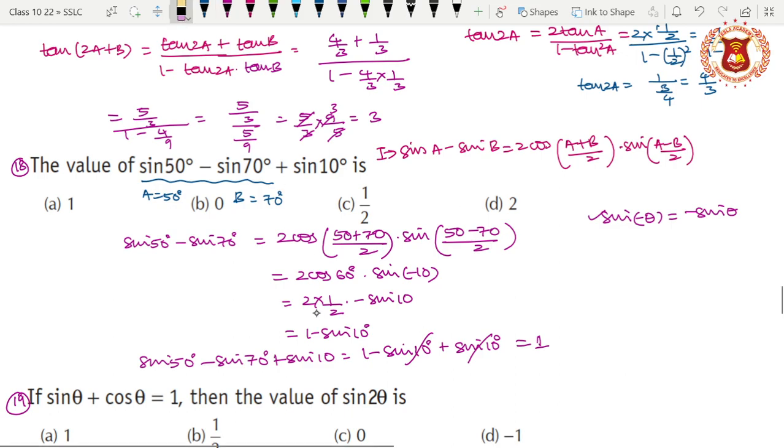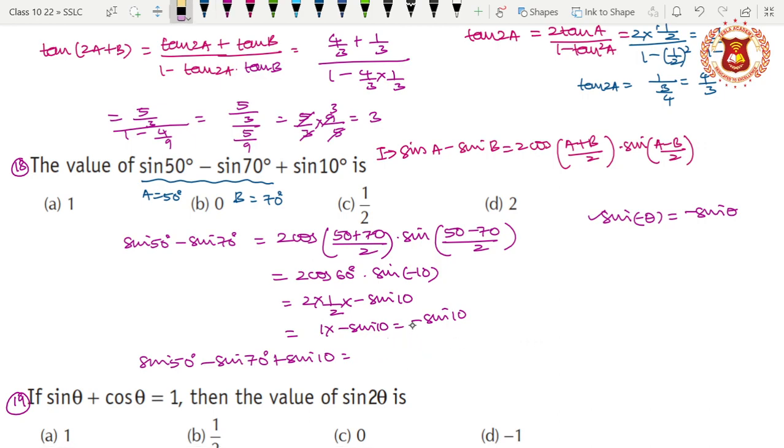See, again a small error here. These two terms are multiplied here, therefore 1 into minus sine 10 is equal to minus sine 10. Therefore this expression, sine 50 minus sine 70, is minus sine 10 plus sine 10, which is equal to 0.